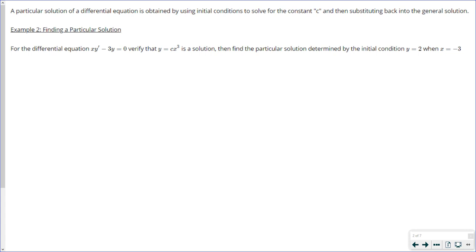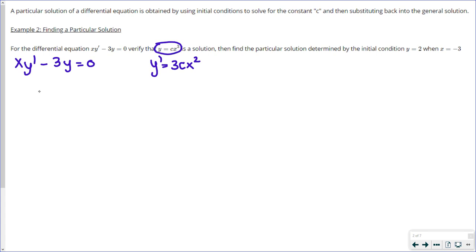So let's start by verifying. In this equation, x y prime minus 3y equals 0, we need y prime. I know what y is, I need to know what y prime is. So the derivative of c x to the third will be 3c x squared.